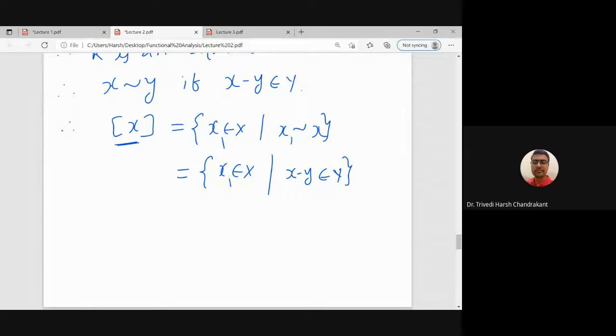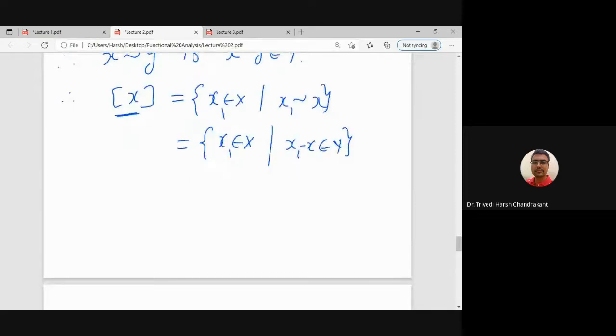Now x1 and x are related, that means the difference of x1 and x is in Y by the definition of the equivalence relation. And then what does this mean? This means x1 minus x is equal to y for some element y in capital Y.